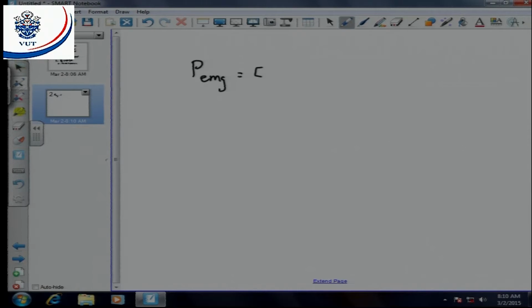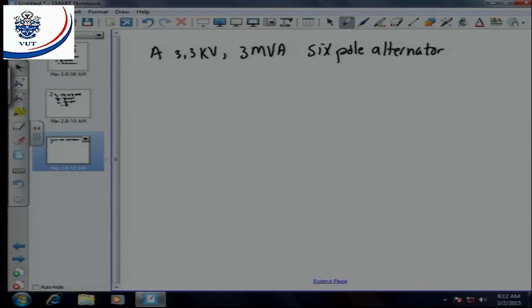Now let's look at an example. A 3.3 kilovolt, 3 MVA, 6-pole alternator has a reactance of 0.25 per unit.